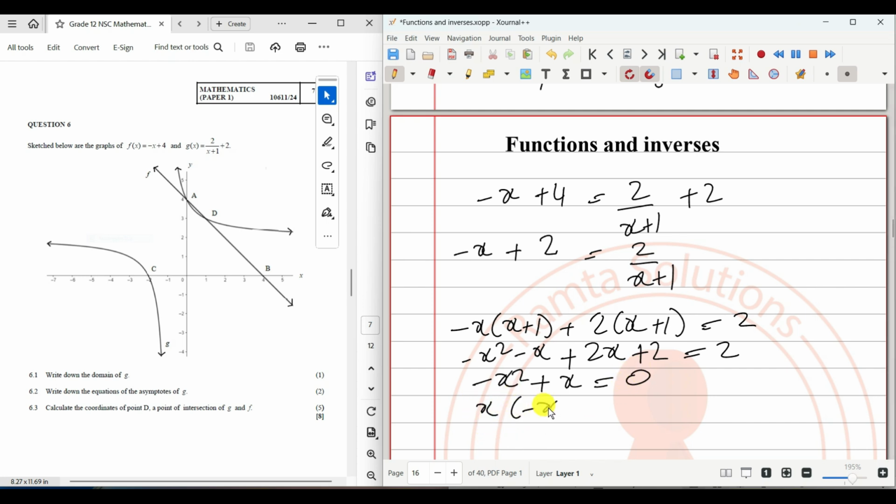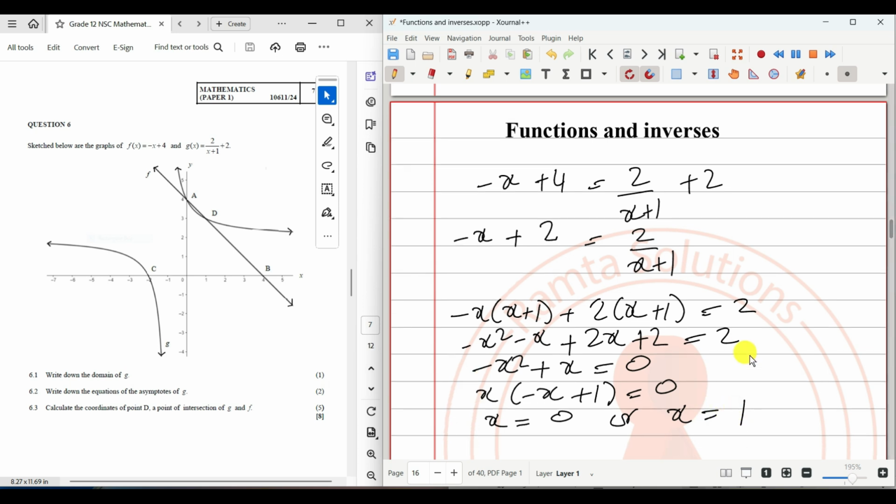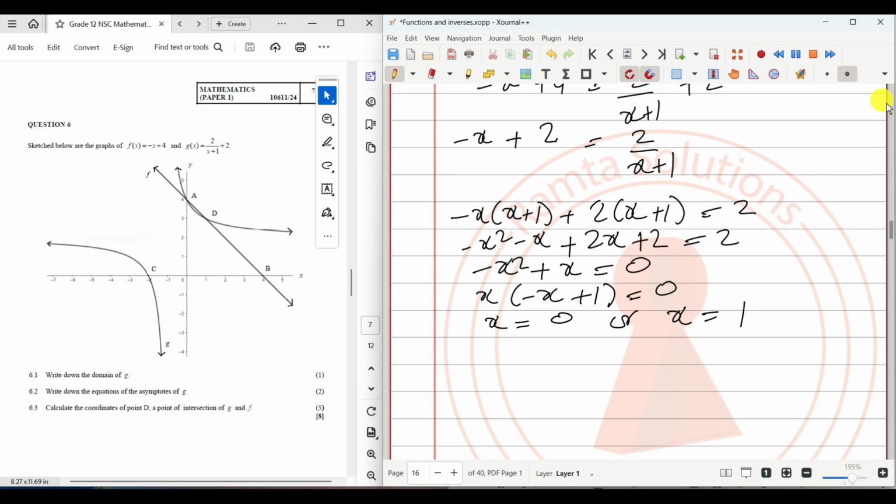We're left with minus x plus 1 equals 0. So x equals 0 or x equals positive 1. Yes, this one will be positive 1, guys, because minus x plus 1 is equal to 0, minus x is equal to minus 1, and minus 1 divided by minus 1 is positive. Okay, now it makes sense.